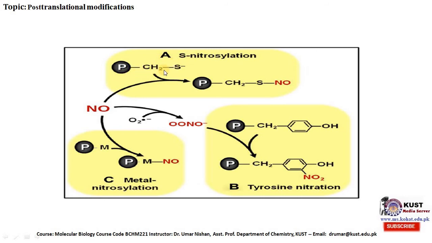See the process of nitrosylation. This is the NO, it attaches here, and in another way, with this O2 radical it can form this OONO, and it can attach here with tyrosine, which is tyrosine nitration. This is metal nitrosylation, and this is S-nitrosylation.